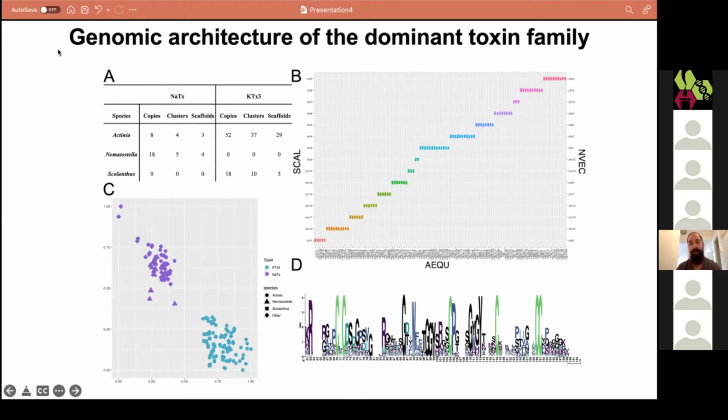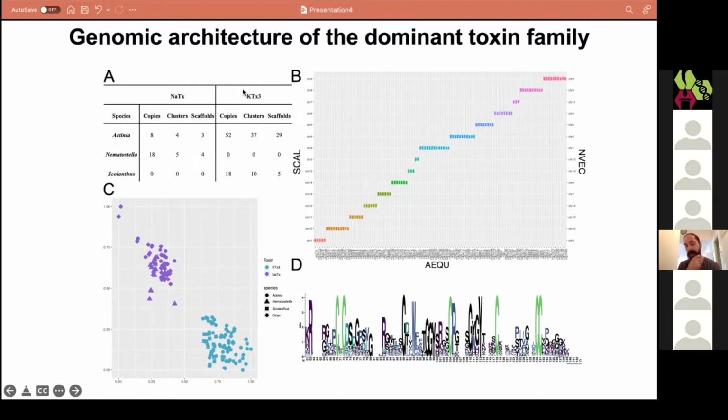Because we have a chromosomal-level assembly for two of these species, and we have long-read sequencing, we can explore the macrosynteny of these toxin families. Actinia, of the three different species, shares both NaTx and KTX3, whereas Nematostella only has NaTx and Scalanthus only has KTX3.